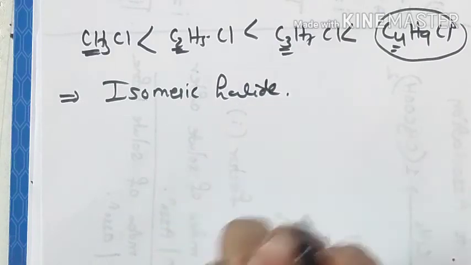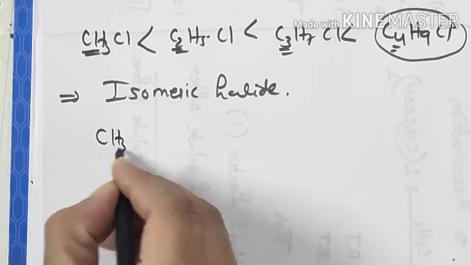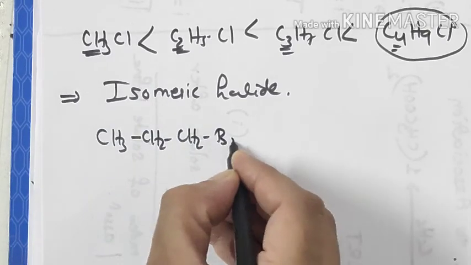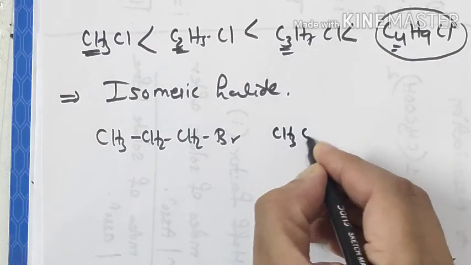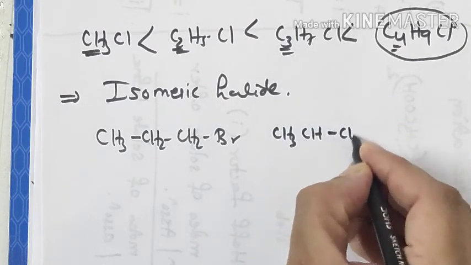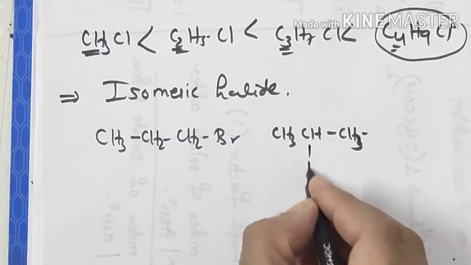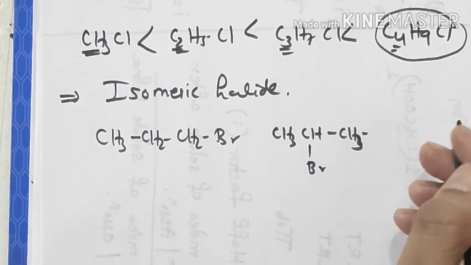Isomeric halide. Right. Example: CH3, CH2, CH2, Br. Or CH3, CH, CH3, with Br here. Right? Okay.